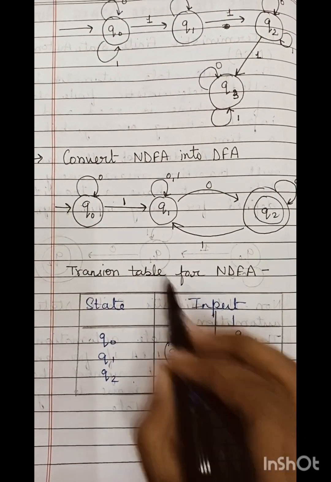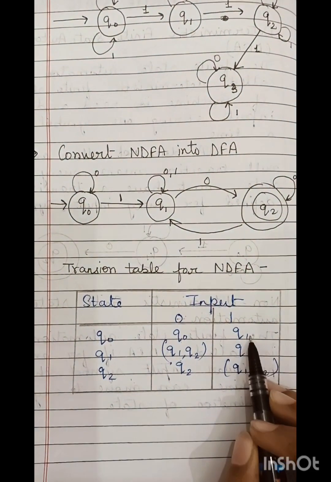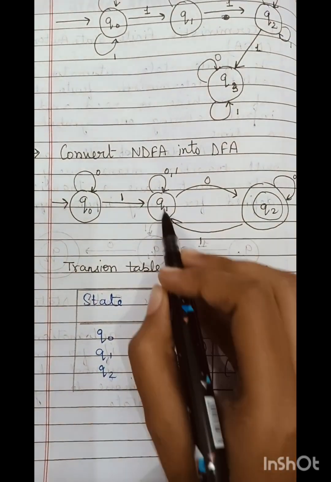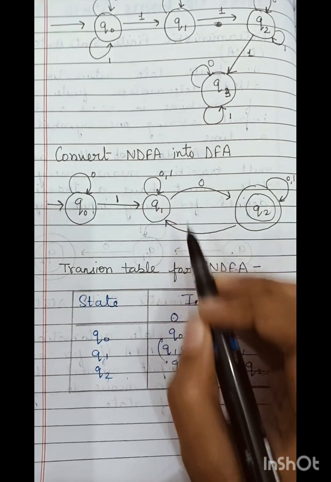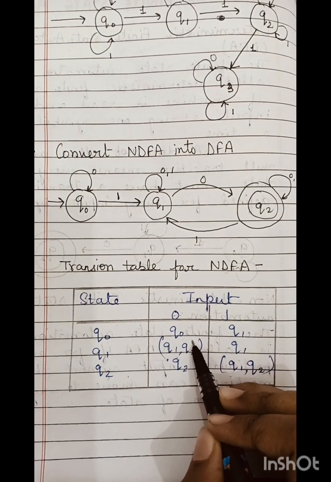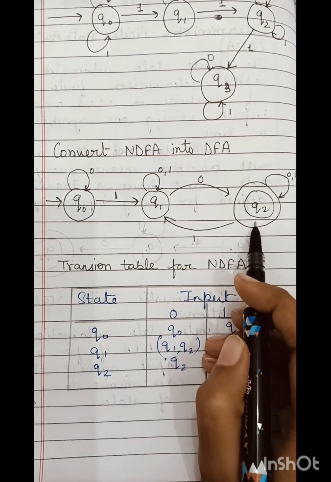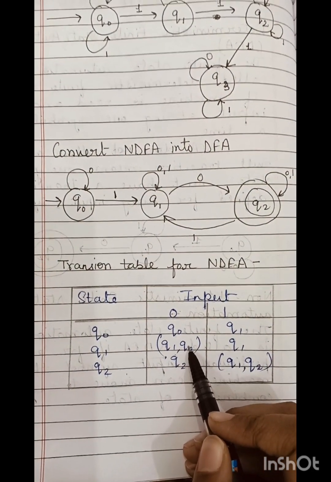When the input is 1, we get the state Q1, so we will write Q1. Next is Q1. When it gets 0, it gives Q1. We also see that when the input is 0, it gives Q2 also, so we will write Q1, Q2.